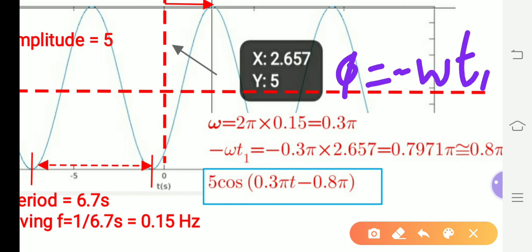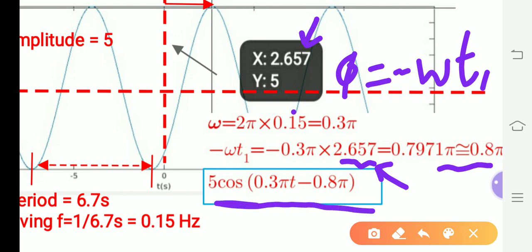I find t1 is 2.65. Based on the frequency, I have 2 pi times 0.15 hertz, so I get 0.3 pi. I multiply negative 0.3 pi with 2.657, and what I get is roughly 0.8 pi. So this is the equation: 5 cos(0.3 pi t minus 0.8 pi).